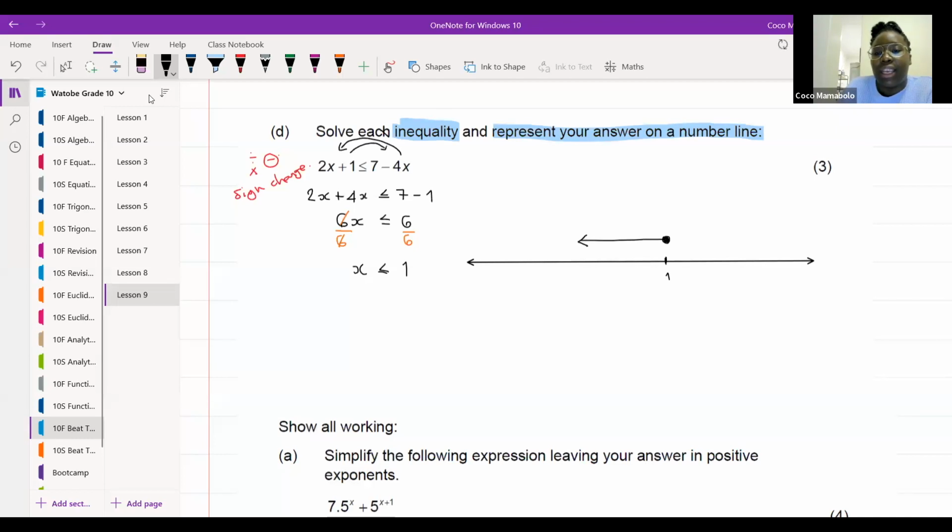And anybody who is lost on this, what is going on? We do a long section on this in term 1. So you're going to have to go deep into the archives to find the part where we do linear inequalities in term 1, and I show you how to use the number line.